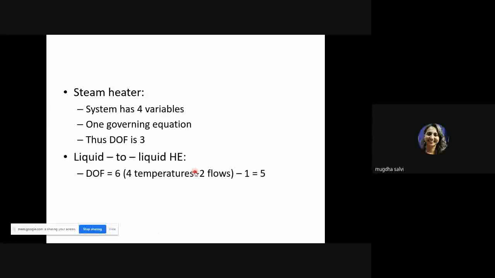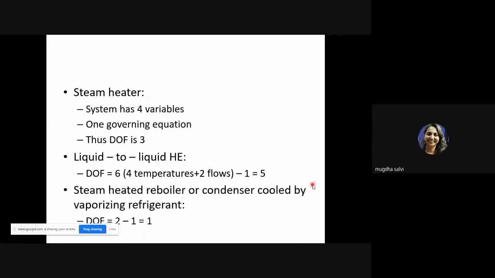If it is a liquid to liquid heat exchanger, you have 5 degrees of freedom. If it is a steam heated reboiler or condenser cooled by vaporizing refrigerant, then the degrees of freedom are 1.